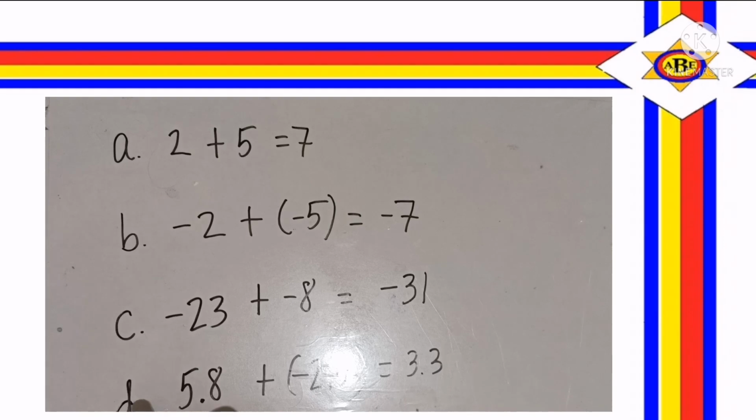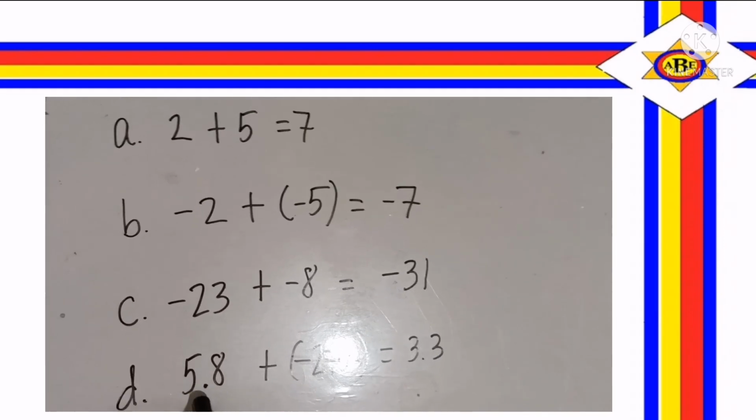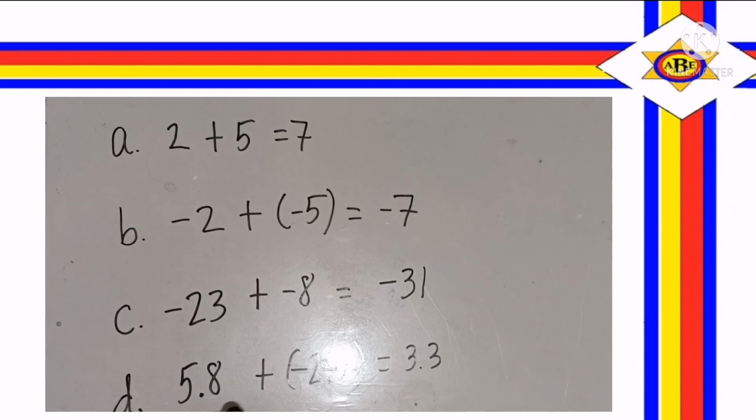For letter D, we have 5.8 plus negative 2.5. So, we subtract these two because the 5.8 is positive and negative 2.5 is this term, no? So, this term is negative 2.5.